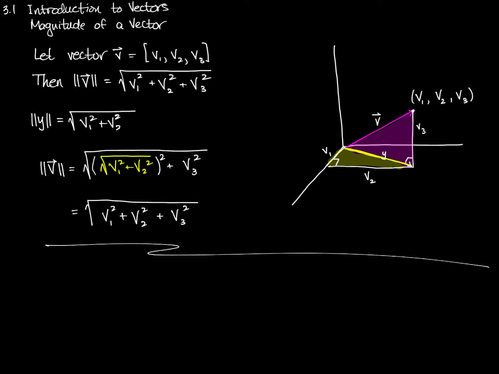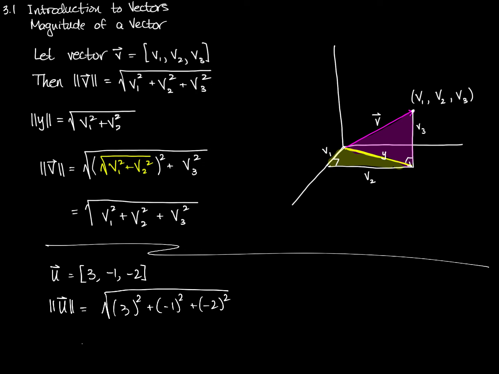I'll just do a quick example. Let u be the vector 3, -1, -2. The magnitude of vector u is just the square root of 3 squared plus -1 squared plus -2 squared, which is the square root of 9 plus 1 plus 4.